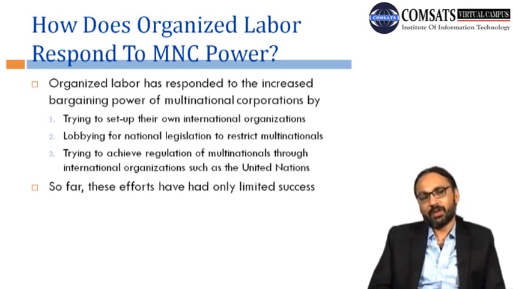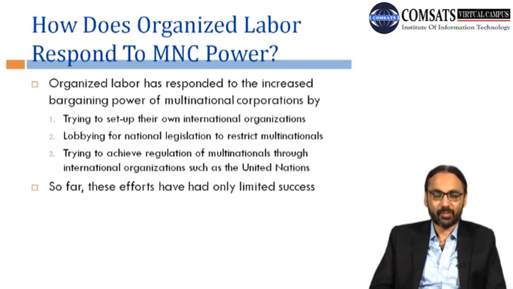Okay, the first thing is they are trying to install regulatory barriers against moving production facilities, through local legislators and local politicians. The second thing is they can get in touch with an international organization like the UN to take some initiative to stop firms from moving away their production facilities.